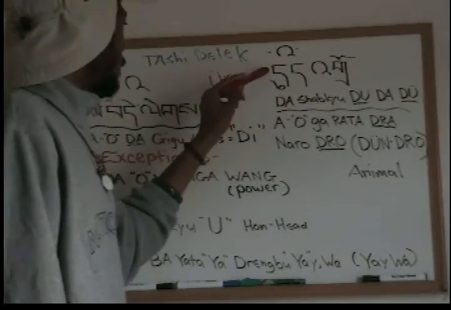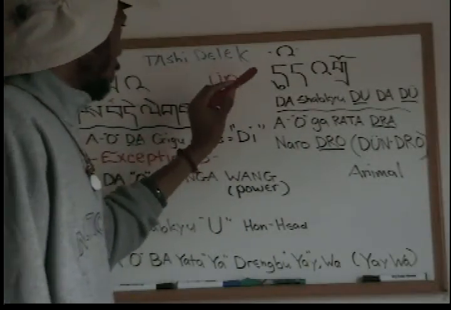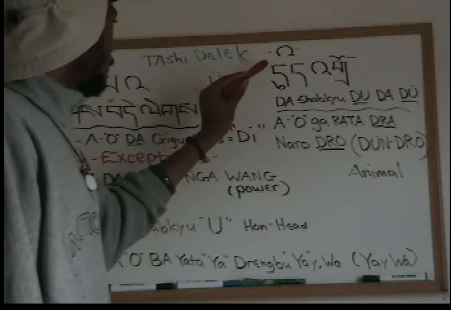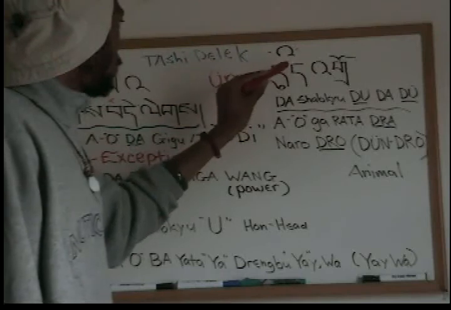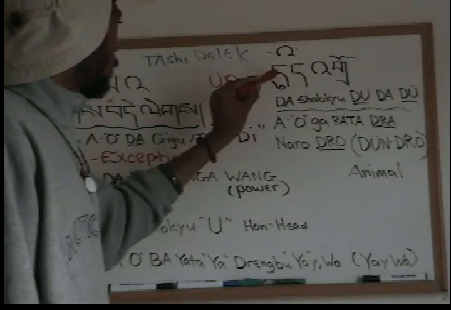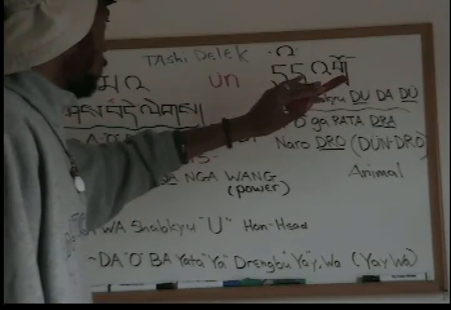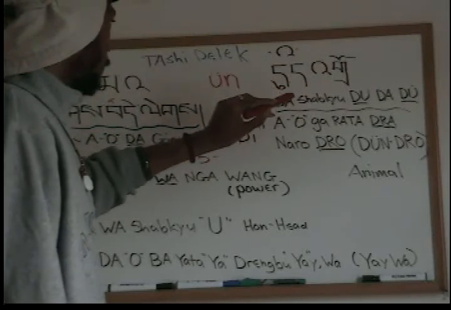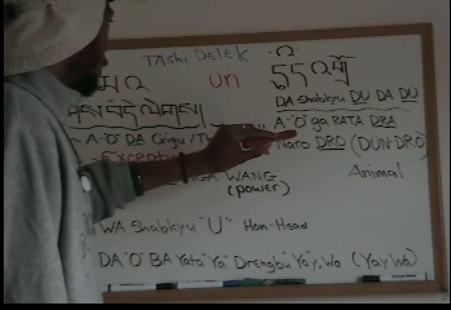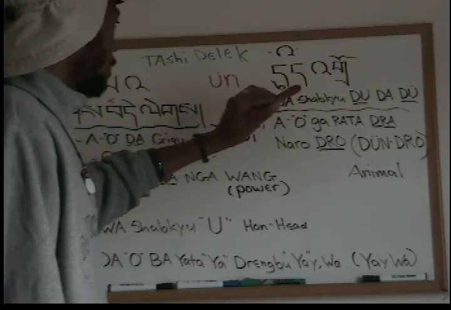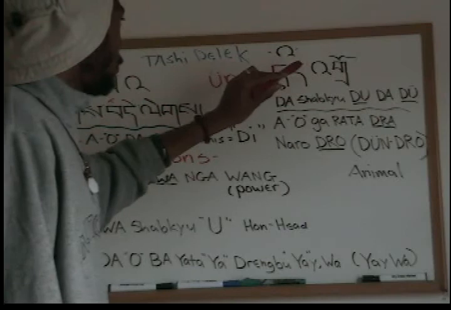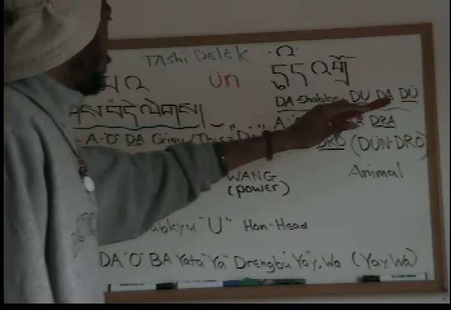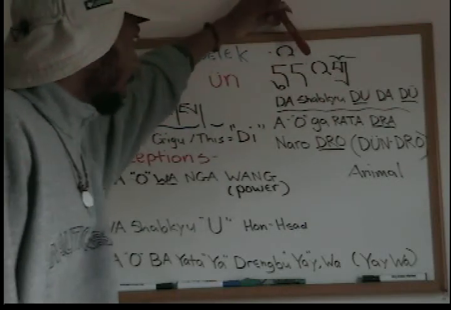All right, so un. So you have da. Let's spell it. Okay, you have da, sha, q, do, da, do. And then you spell the second set.